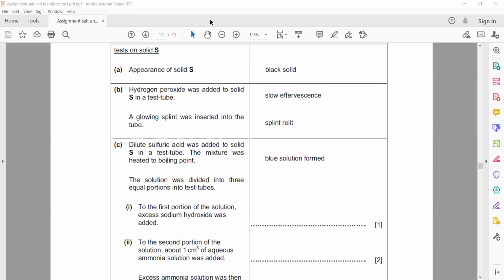dilute sulfuric acid is added to a mixture in a boiling tube. So we have copper oxide. If I have copper oxide and I add sulfuric acid, what is the product? Metal oxide plus acid. Copper oxide plus sulfuric acid.